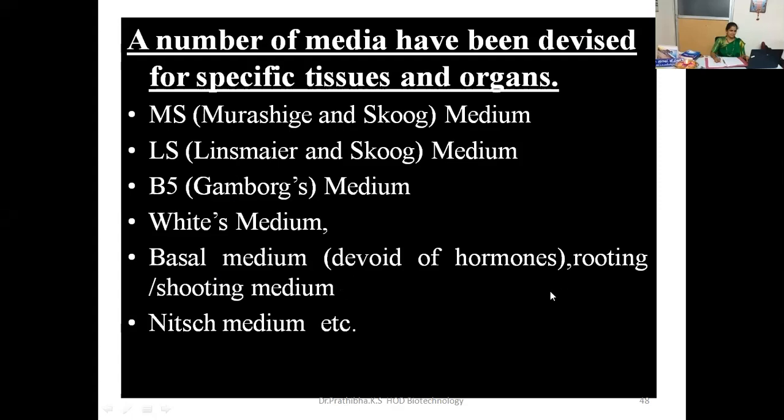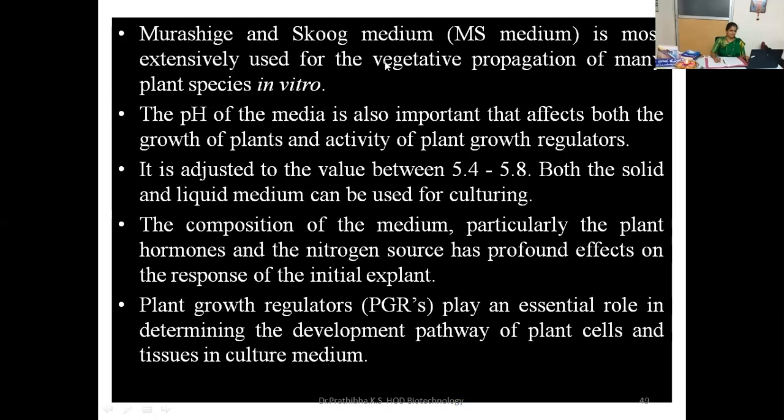Rooting hormones and shooting hormones are not added in the basal medium. We use it to check how the explant regenerates in the absence of hormones. Murashige and Skoog medium is most extensively used for the vegetative propagation of many plant species in vitro, and has given very good results.